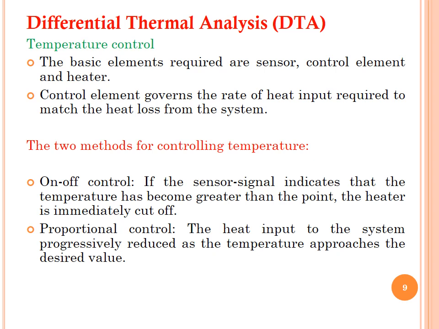On-off control: if the sensor signal indicates that the temperature has become greater than the set point, the heater is immediately cut off. It is a program type control, controlled by a knob of the instrument. Proportional control: the heat input to the system is progressively reduced as the temperature approaches the desired value.